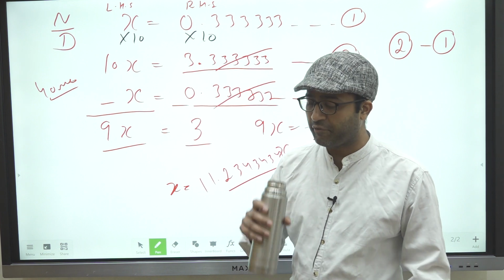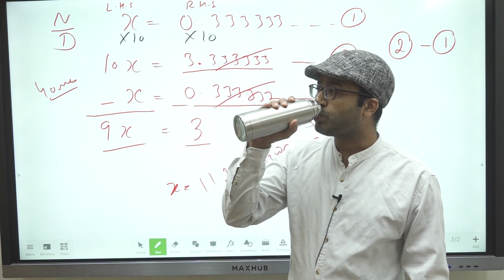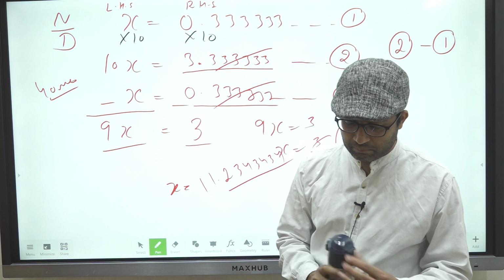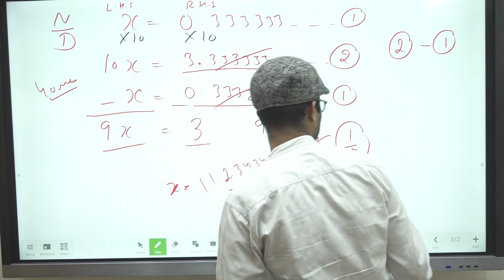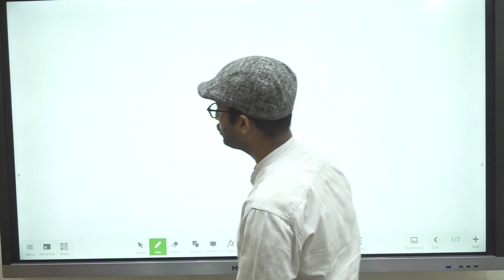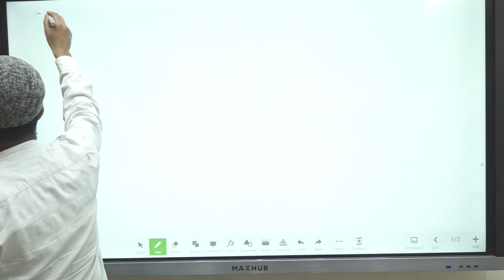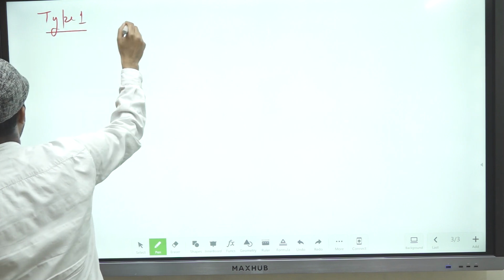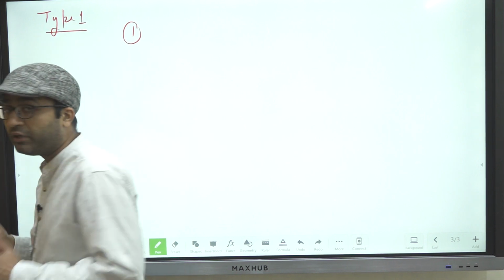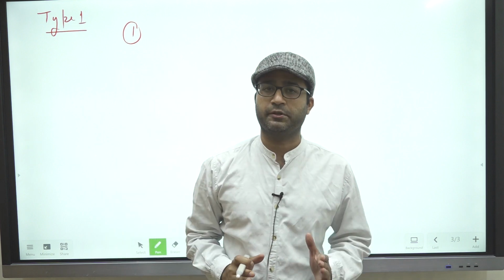I start with the type 1 question. Same question, 0.33333. So we will see our type 1. Let me take 3 examples, because I follow the rule of 3.